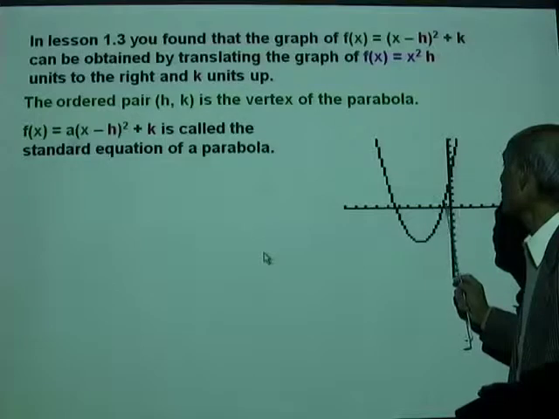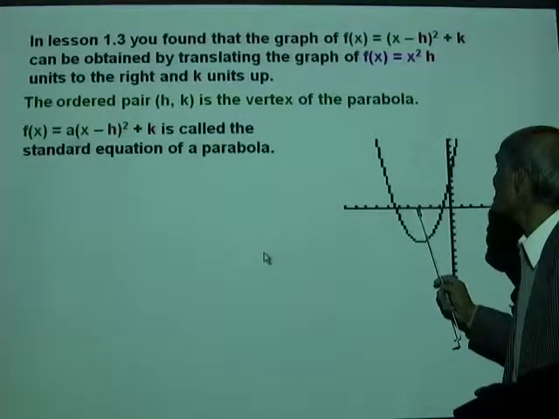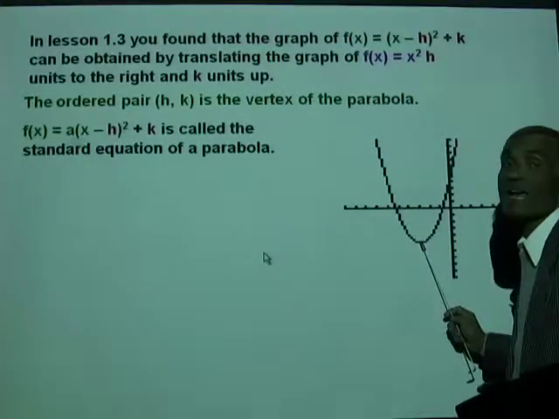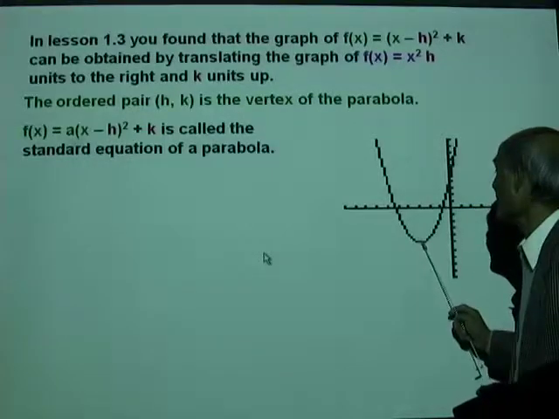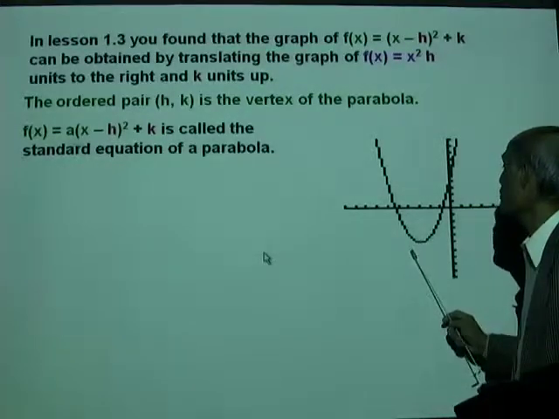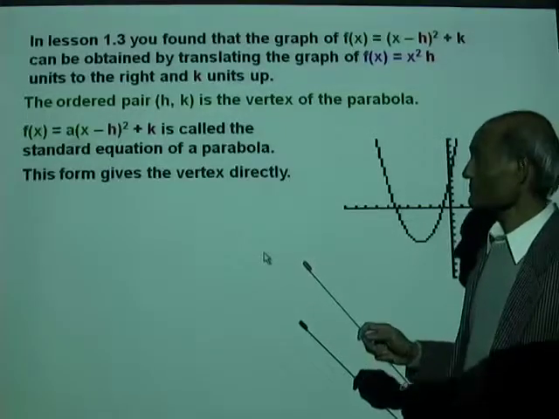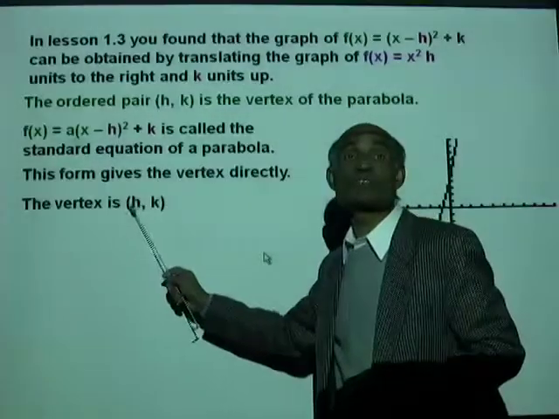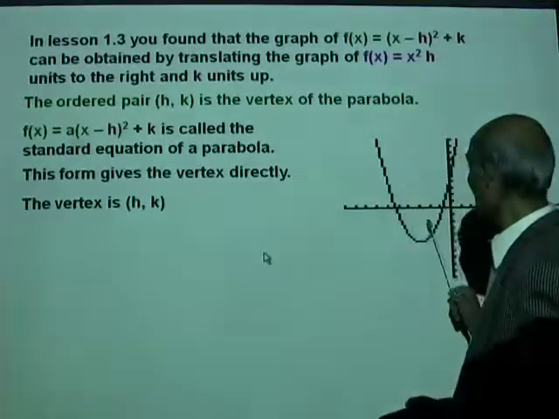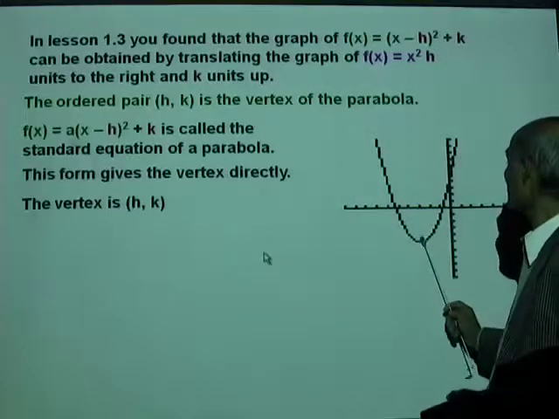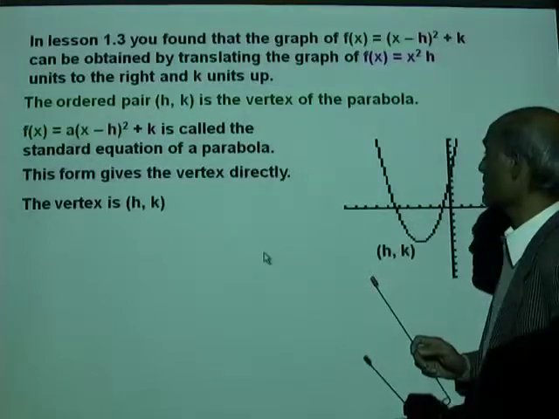That means your h is -3 and k is -5, and that is the new vertex, which is -3, -5. The vertex we call h, k, and in this case h is -3, k is -5.